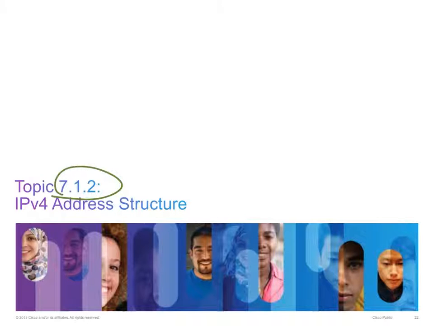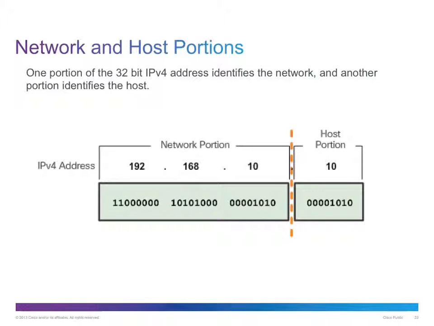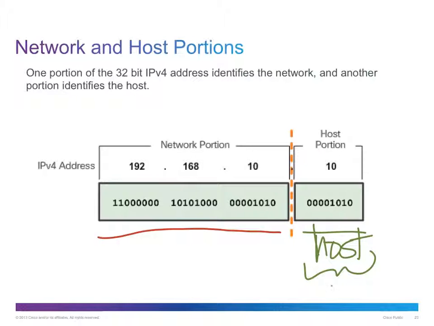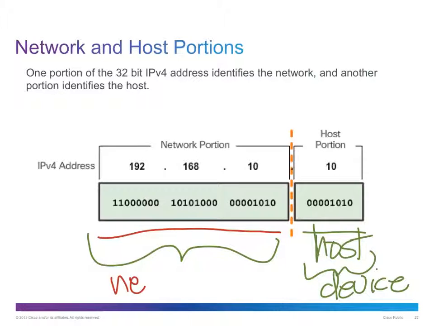Alright, here's where we are now. Let's talk about IP addressing structure. IP addresses have a network part and a host part. The host represents the device on the end, whatever that might be. We'll use the example of a computer, and this represents the network part.